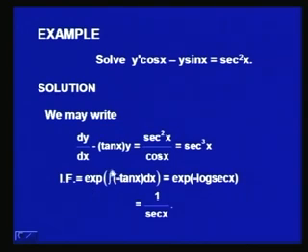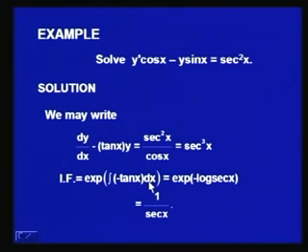Now, if you compare this equation with the standard form of a linear differential equation of first order, we note that p is equal to minus tan x while q is equal to sec cubed x, and so an integrating factor is e to the power integral of minus tan x dx.